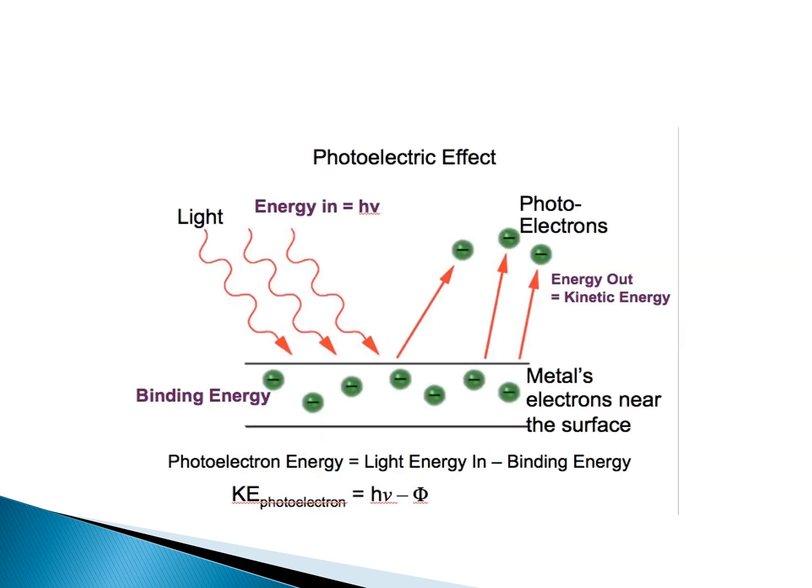You can see in the figure a beam of light on the surface of a metal. Photoelectron energy is equal to light energy in minus binding energy, and this energy goes out in the form of kinetic energy.